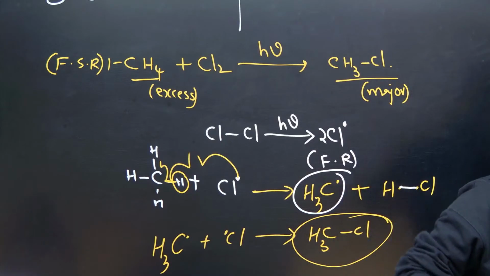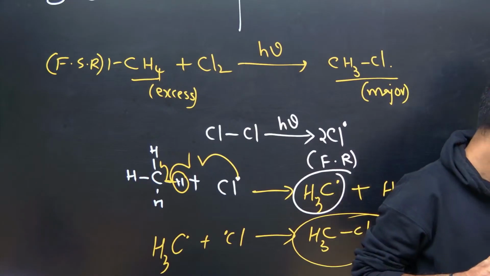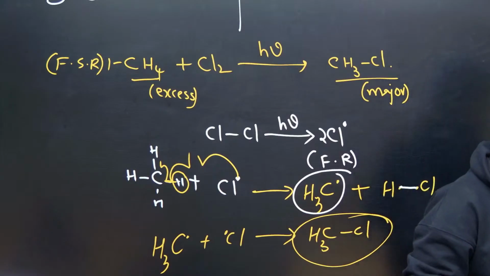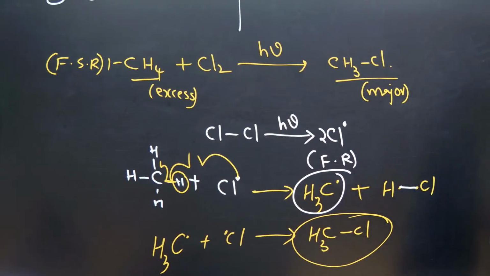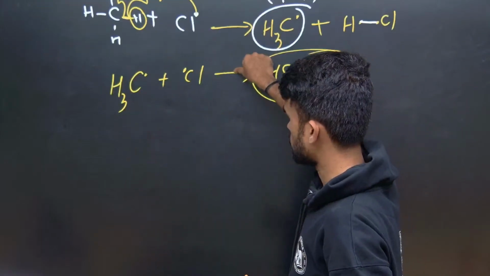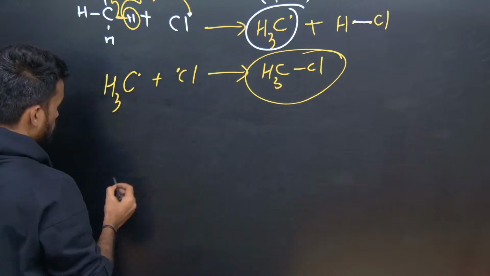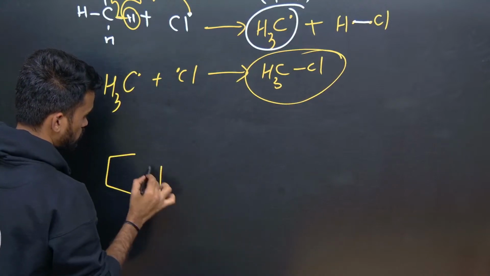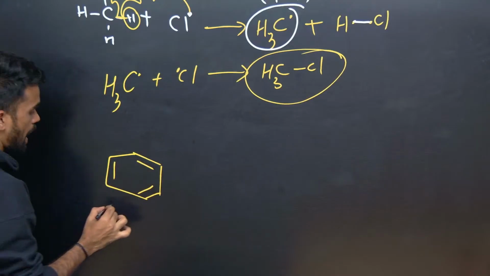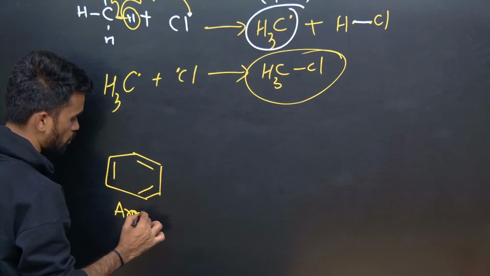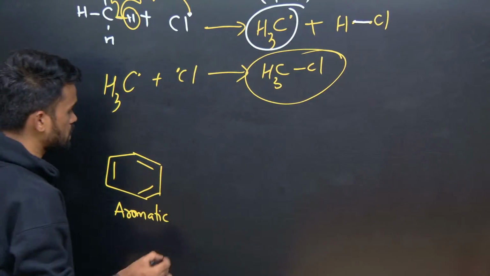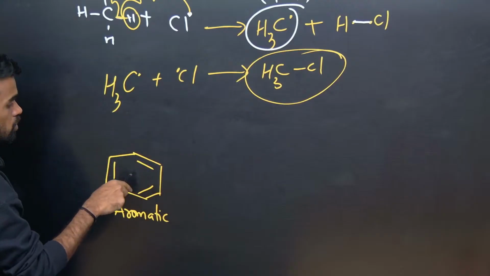Done? Yes, let us discuss electrophilic substitution reaction. See, here I am taking a benzene ring. We know this is an aromatic compound, so I am writing benzene, which is an aromatic compound. What is the formula of benzene?